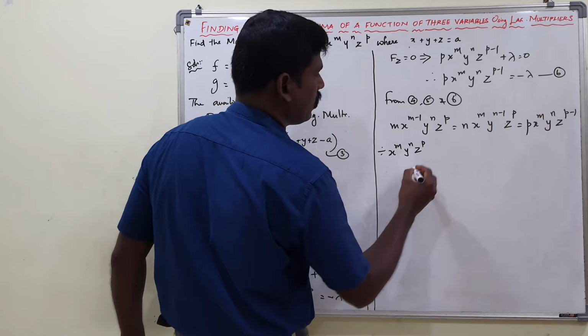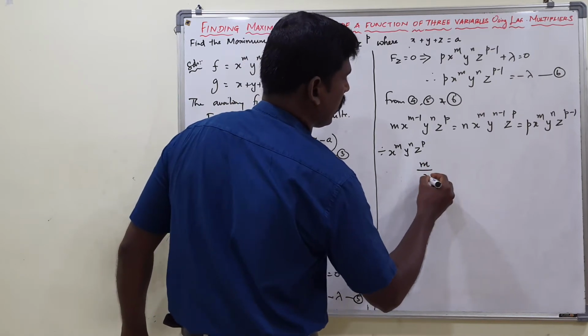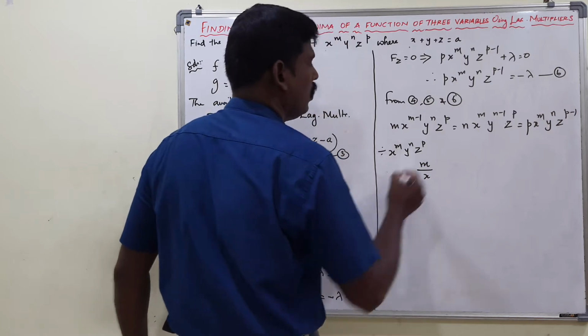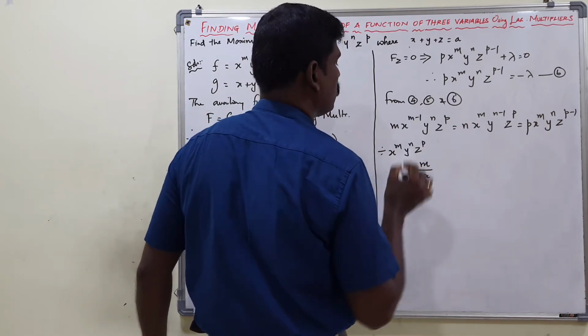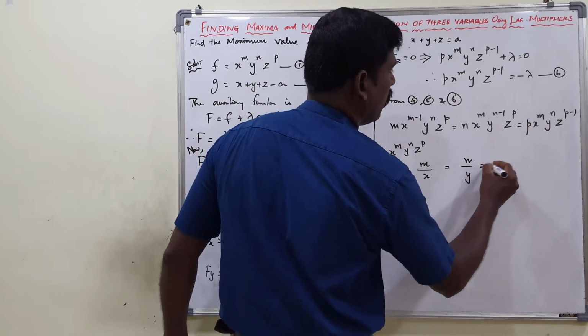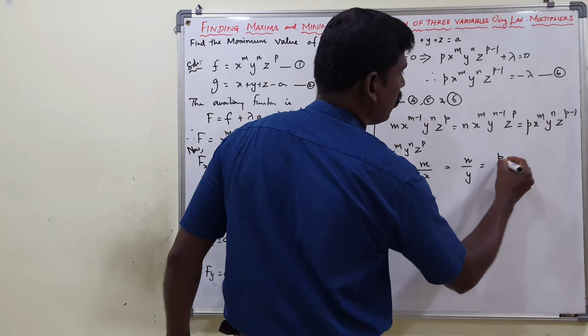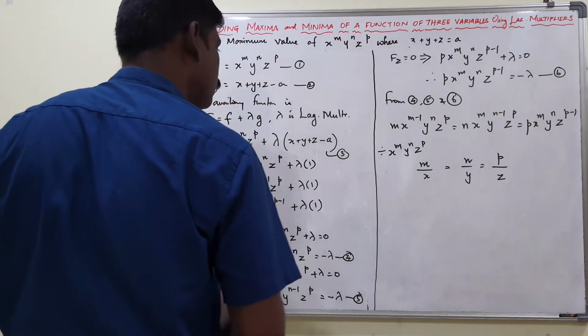Okay. So m becomes m by x. Y power n z power p cancel each other. x power m minus 1 by x power m, x is remaining. Same like that, n by y, and p by z.